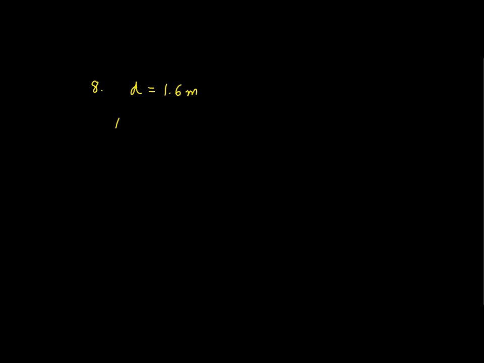For this, we need to find its area. So area of a circle is pi into r square. Here r is not given, diameter is given, so r will be half of the diameter, that is 0.8. This is pi into 0.8 into 0.8, taking the value of pi as 3.14 because r is not a multiple of 7.